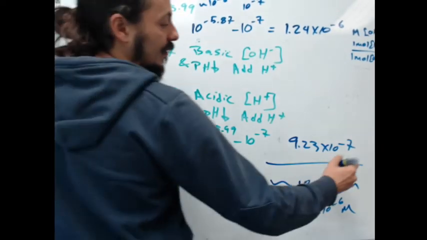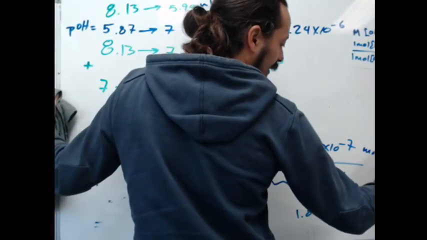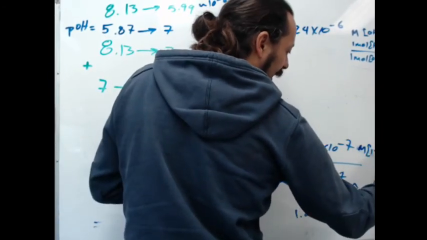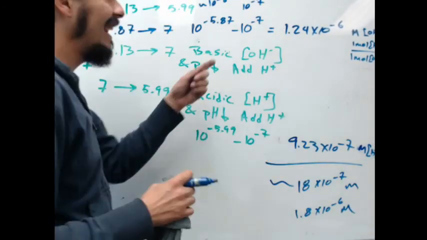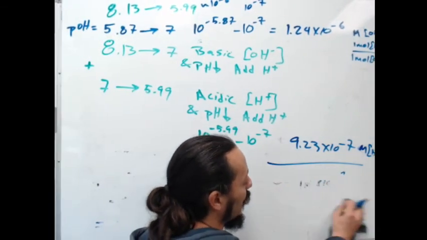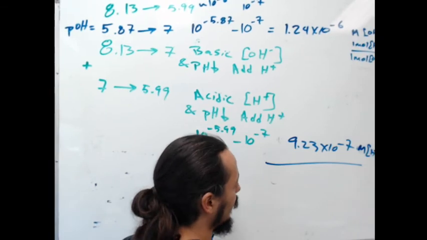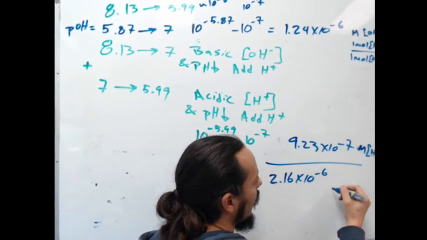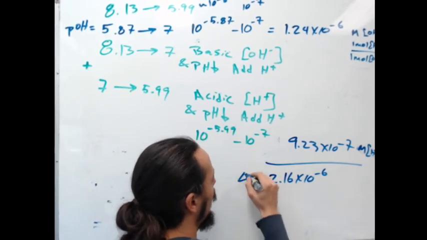So then this is molarity H plus. So if I add 9 to 12, that's where I'm going to get 2.1. So that's the 2.16 times 10 to the negative 6. That is my change in molarity.